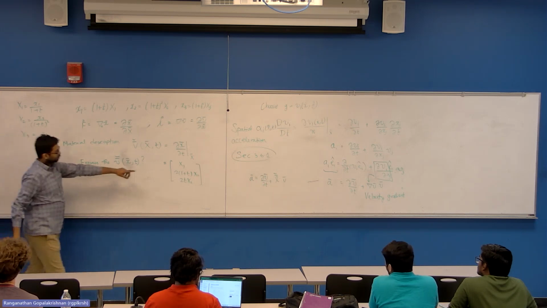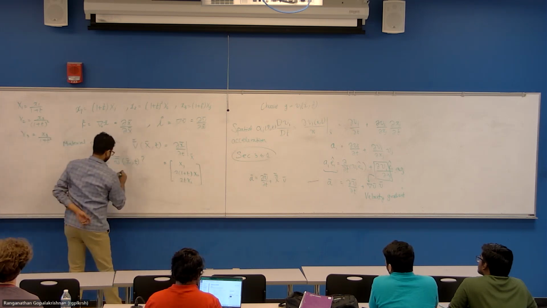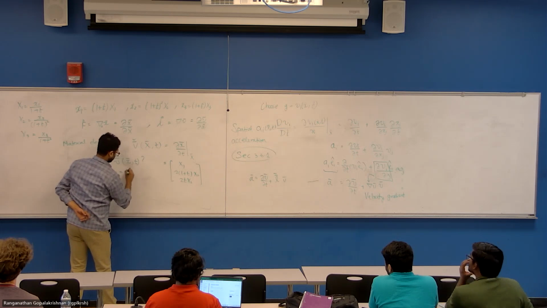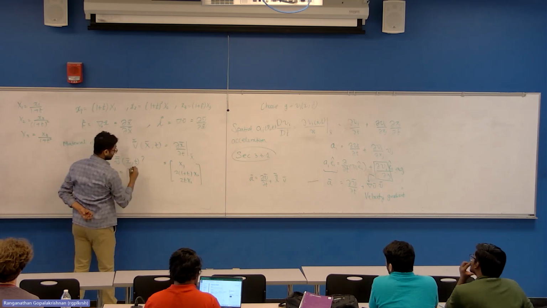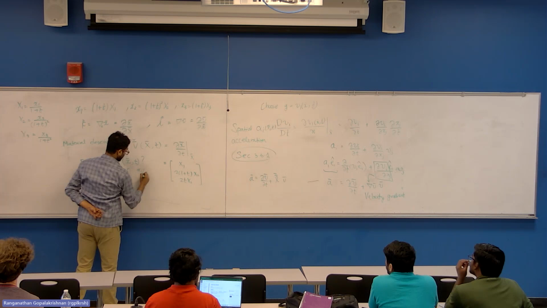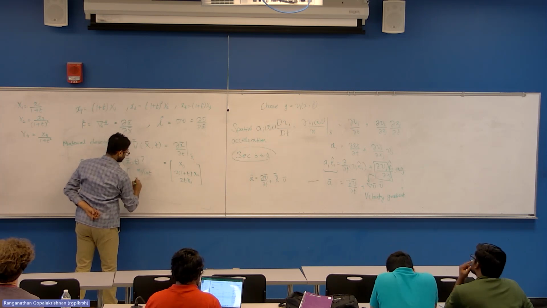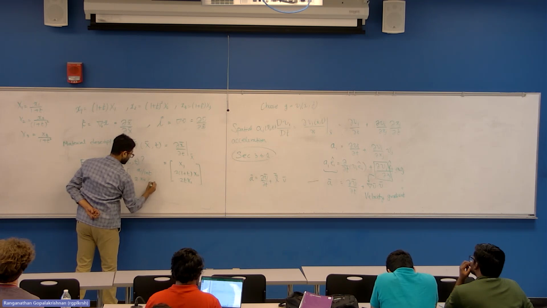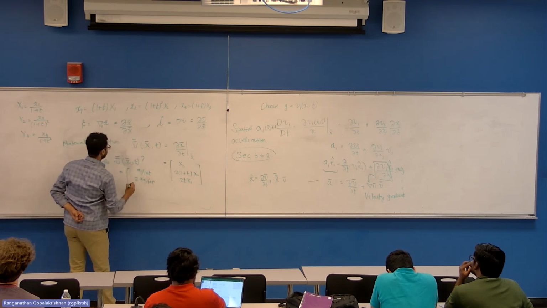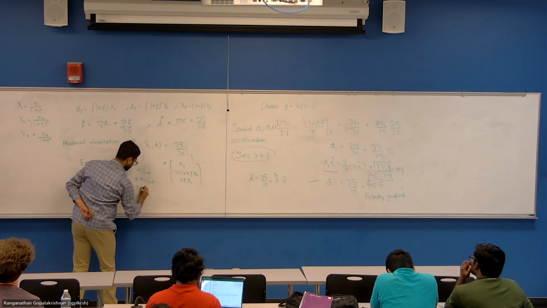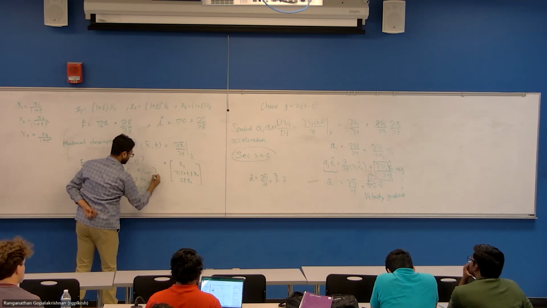So replace X1, X2, X3 with these quantities. So x1 divided by 1 plus time, 2 x2 divided by 1 plus time, and 2t x3 divided by 1 plus t squared.